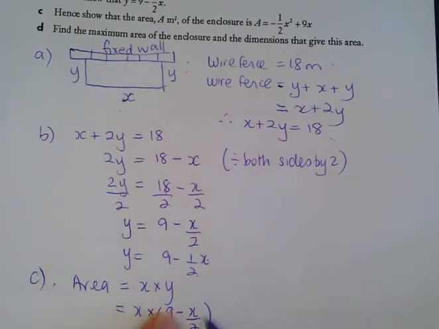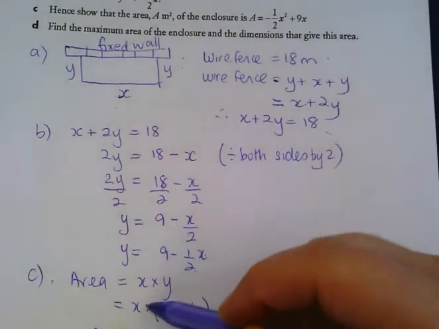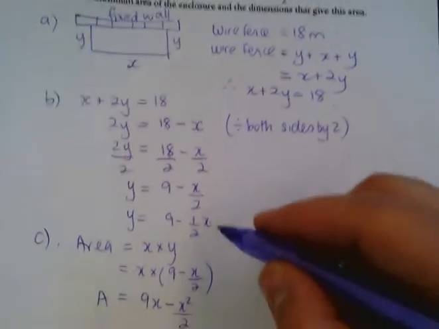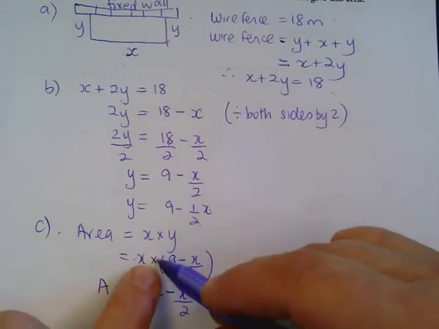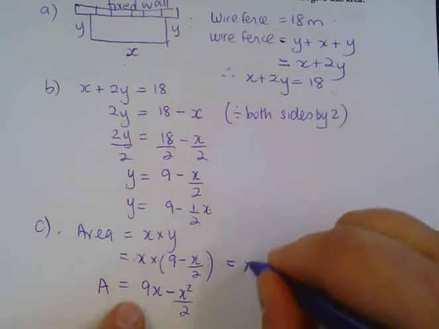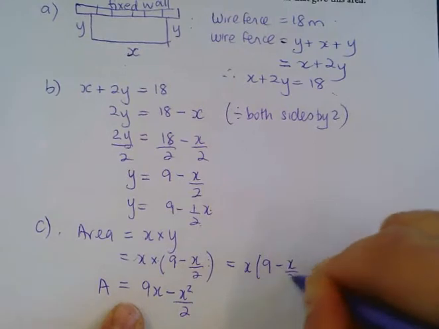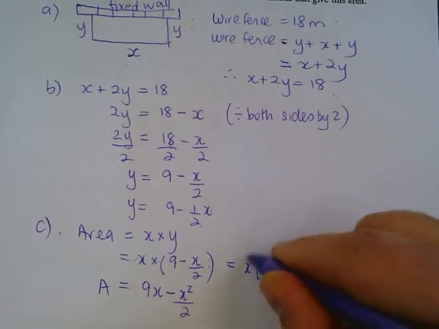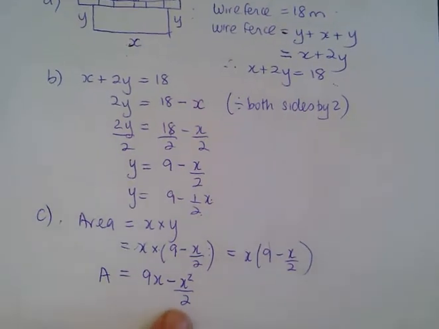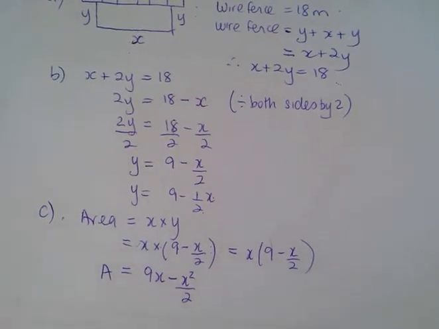So it's just x times that. And so you expand. This is brackets, x bracket 9 minus x on 2. So expanding, x times 9 is 9x. x times x on 2 is x squared on 2. But we've got a minus.